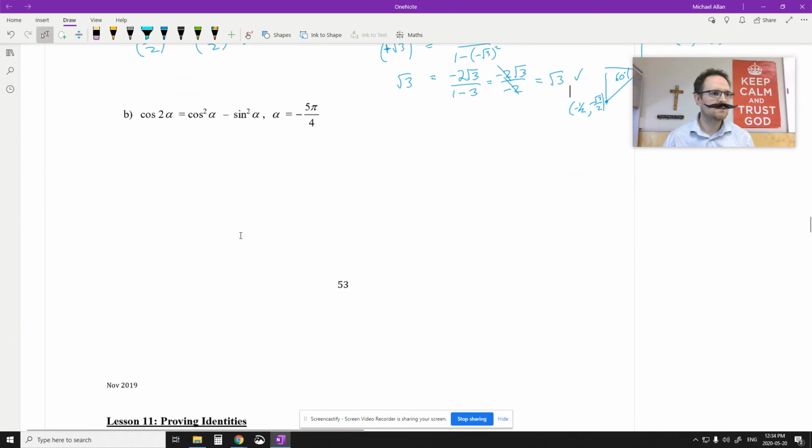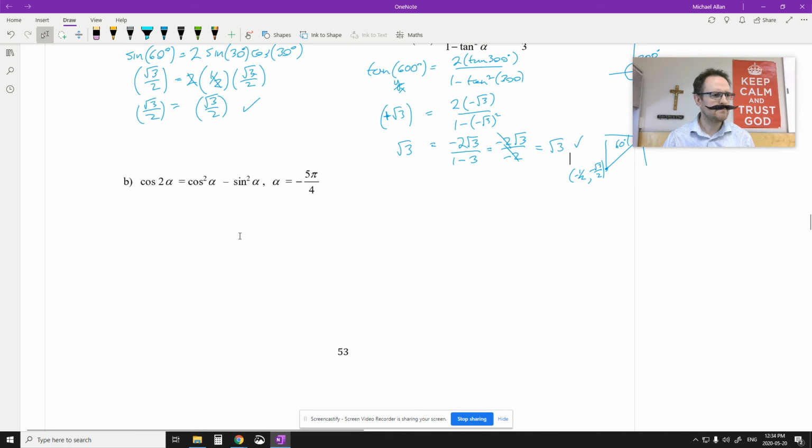A bit trickier. Okay, so I want to verify to see if this one is true for this angle. It doesn't matter if it's a negative, but I do want to know what it is though. Negative 5 times 180 divided by 4. This angle is negative 225 degrees.